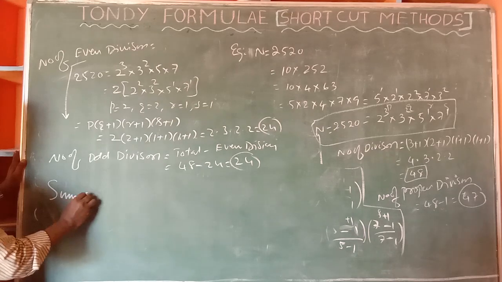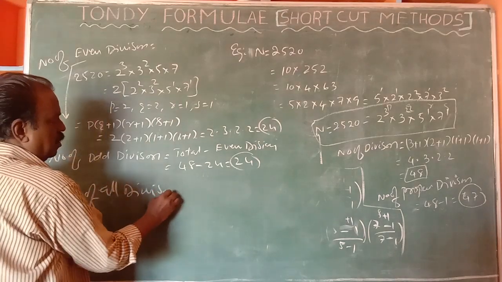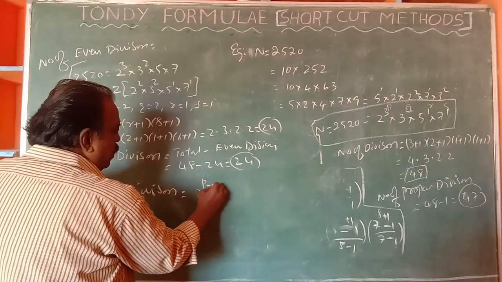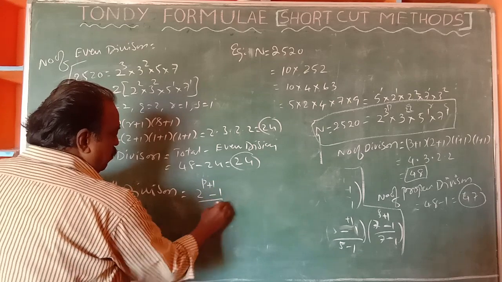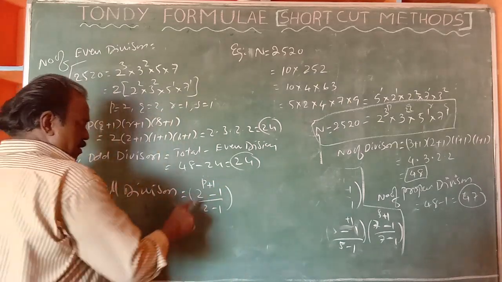The last concept: sum of all divisors asked. Sum of all divisors. It is 2 power p plus 1 minus 1 by 2 minus 1. The formula is already there.